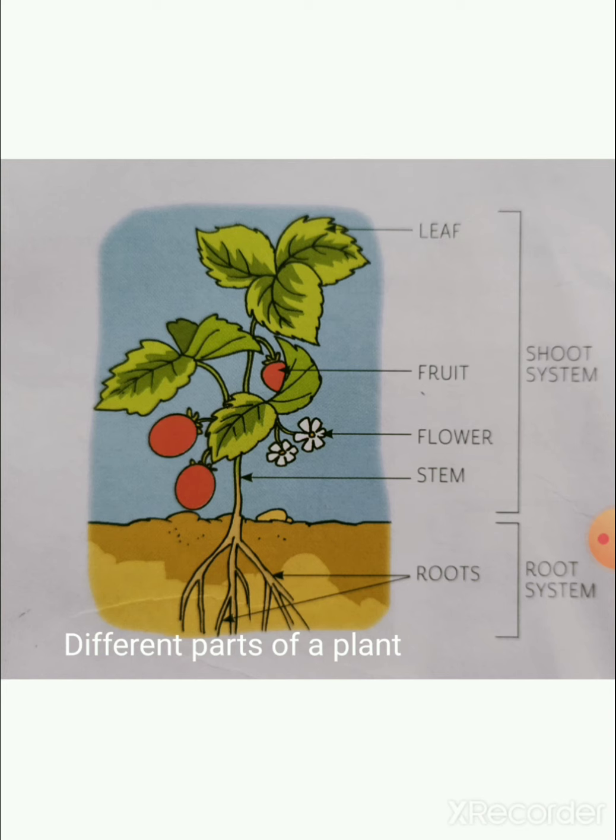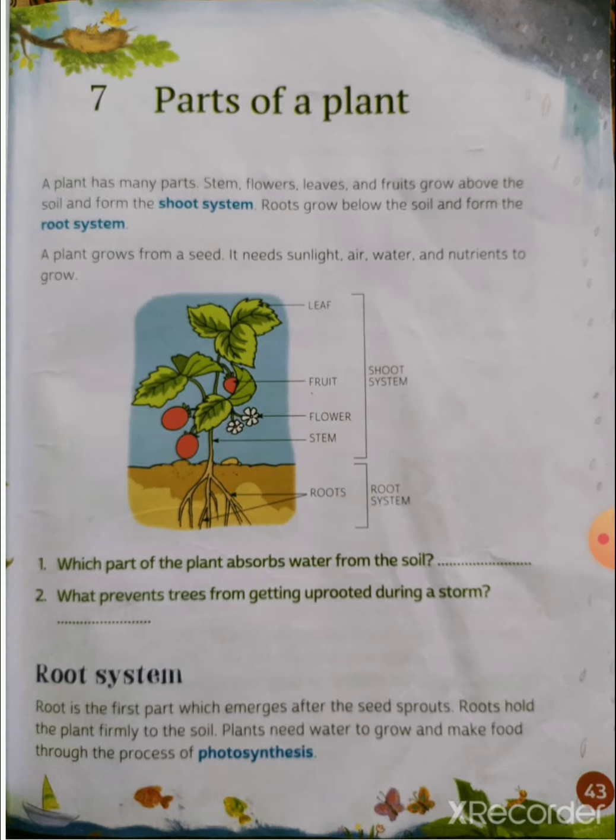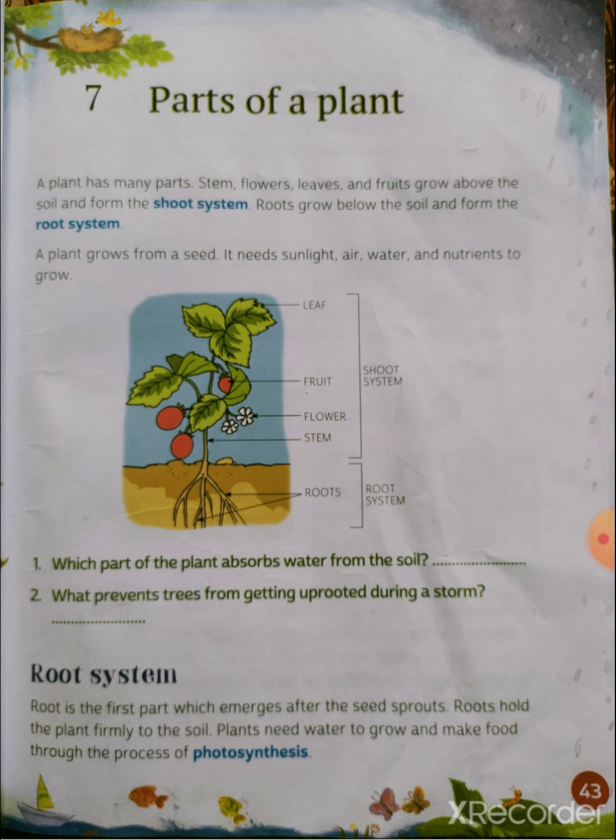Now we shall study in detail about the root system. So what are roots? These are the first part that grow after the seed sprouts or breaks. The main function of the root is to hold the plant firmly to the soil so that the plants do not get washed away or carried away with strong flood water or strong winds.